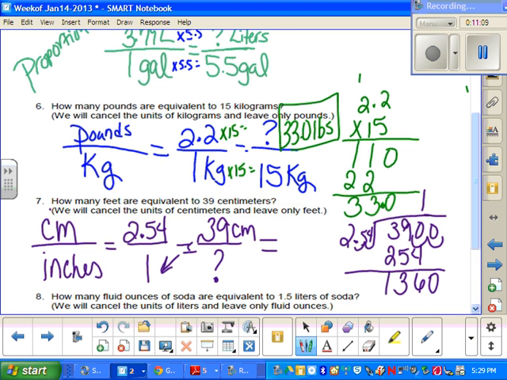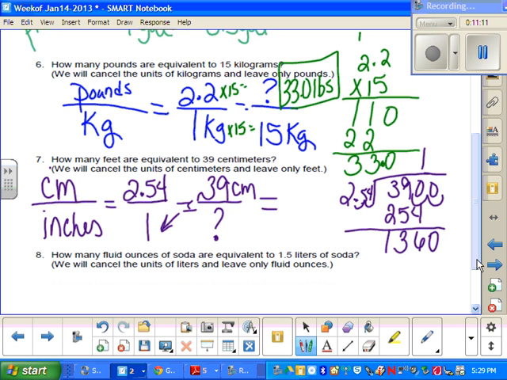So we're going to estimate here a little bit. So let's see, 1360 divided by 2.54. 1360 divided by 254. We're going to get about 5. Try 5. Okay, so we're going to do 5. Gives us 90.